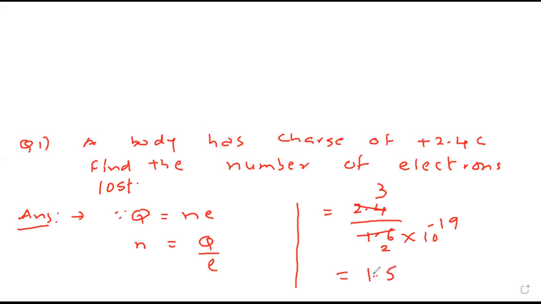So 1.5 into 10 raised to 19 electrons are lost. It should be plus 19. Plus 19 is correct.